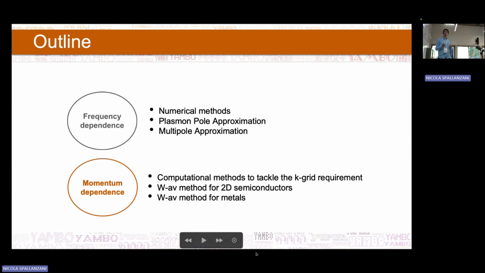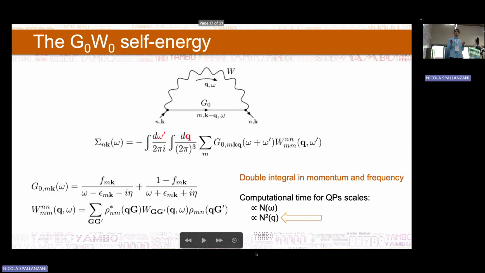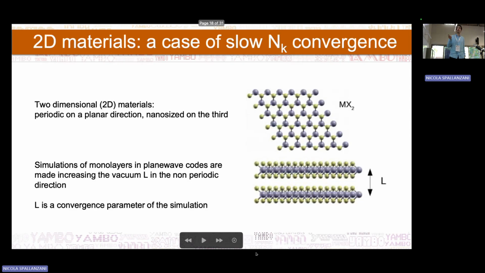We now pass to the second part, which is about the momentum dependence. So now we are back to our integral. We have done this part here, but we still have to do the integral over the momentum. And this can scale very badly. Why is this? To illustrate this, I take a very simple illustrative case, that of a 2D system.